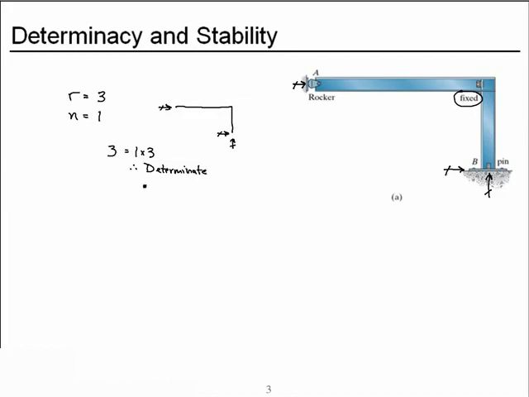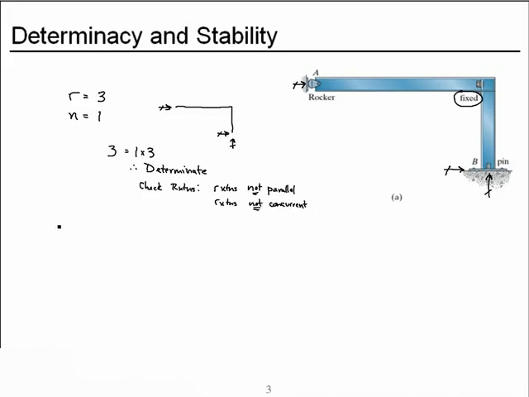Now we need to check the reactions to see if it's unstable. Reactions are not parallel. That's good. And the reactions are not concurrent. They don't pass through the same point. Therefore, our conclusion of determinate stands.